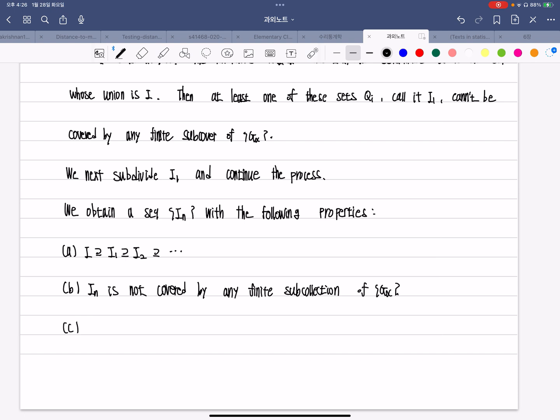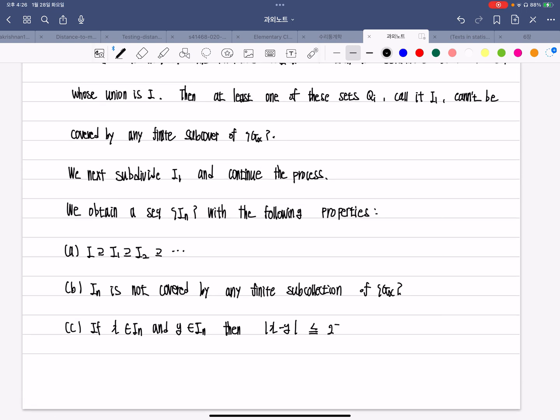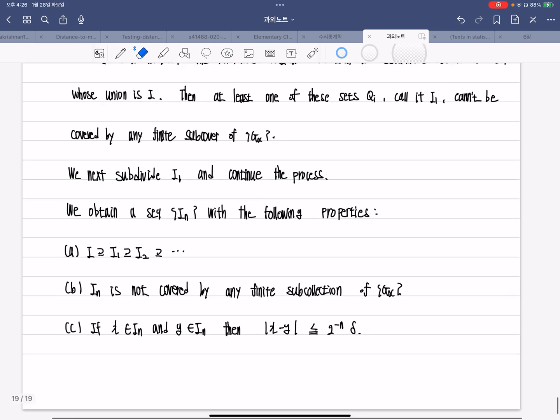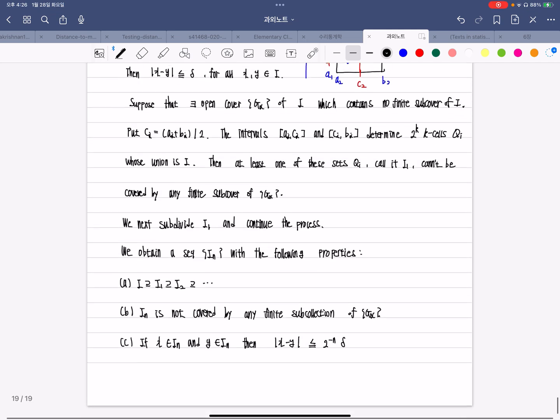Third, C, if x is in I_n and y is in I_n, then the distance of x and y is smaller than or equal to 2^(-n) delta. Right.